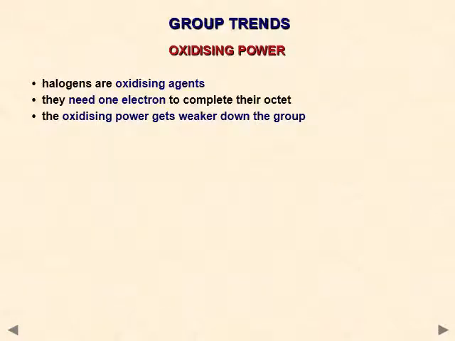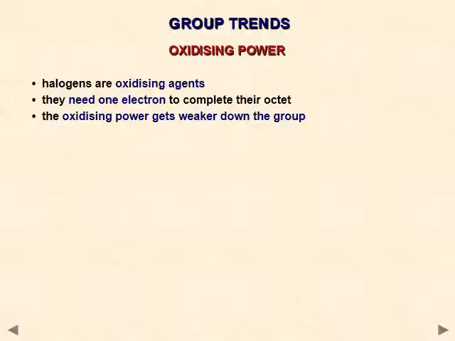Next property is their oxidizing power. You know that non-metals, especially halogens, are strong oxidizing agents. It means that they are themselves reduced and they make other atoms get oxidized. It means in terms of electron transfer, they gain electrons from the other elements and make them oxidize, and they themselves get reduced.